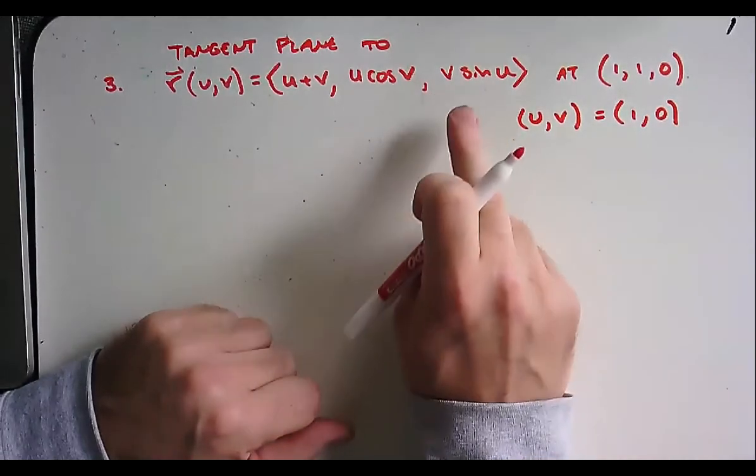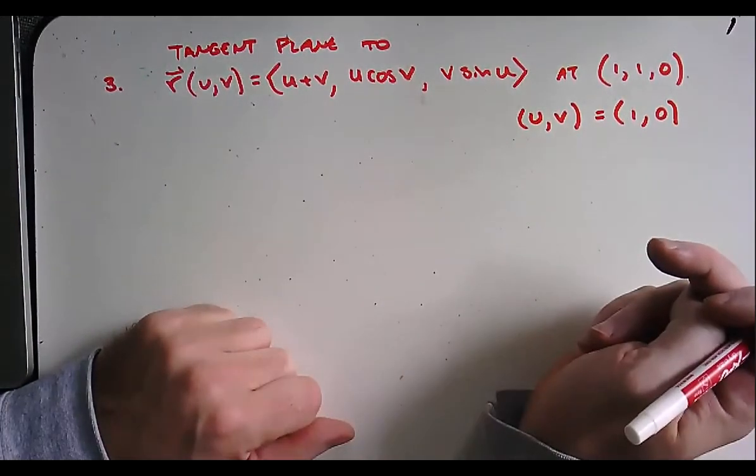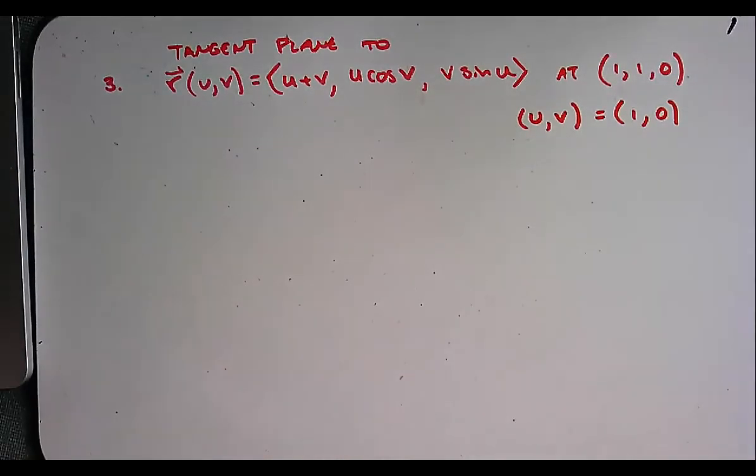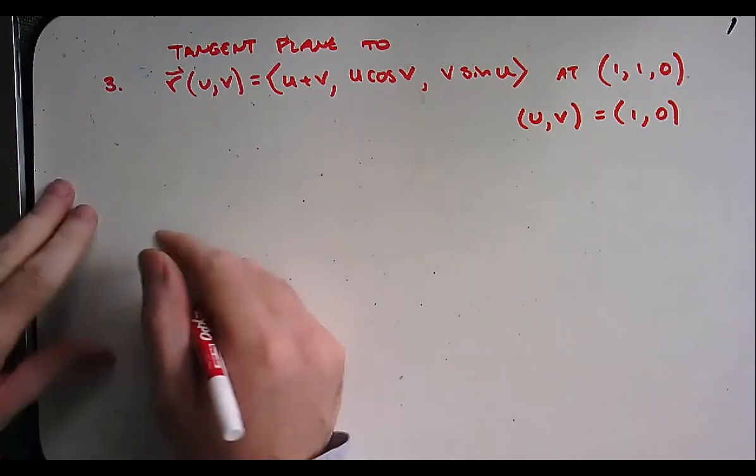And 0 times sine 1 equals 0. Okay, so good. So that works. And let's see here. So what do we want to do? We want to, again, find tangent vectors at that point and cross them to get our normal vector, and then we'll use that to find the equation for the plane.